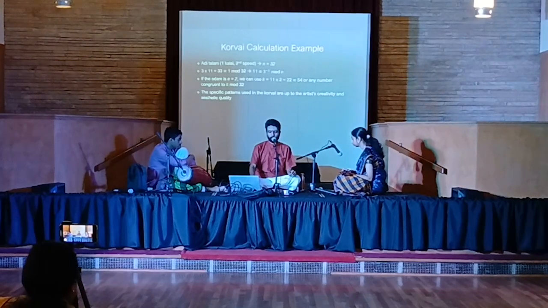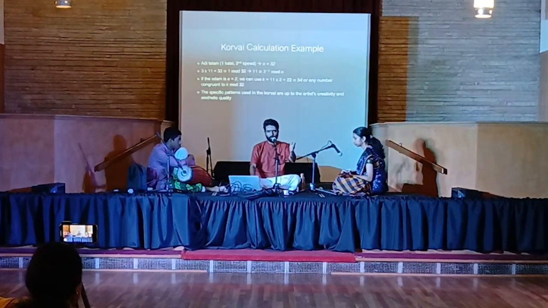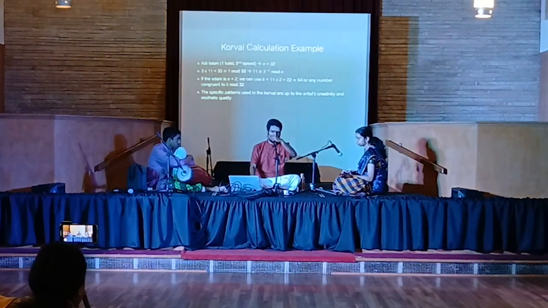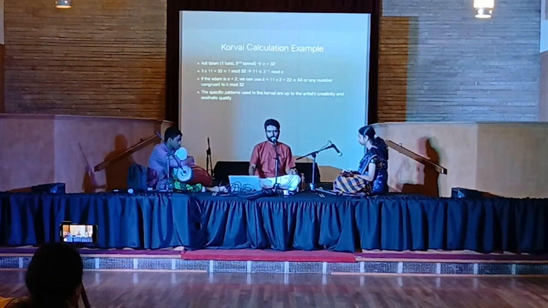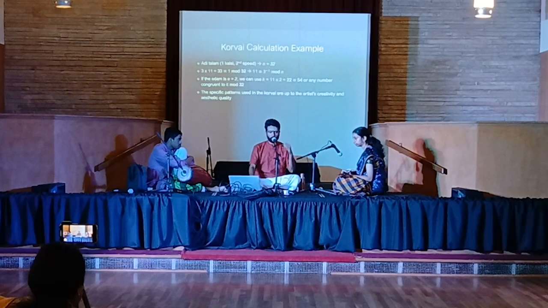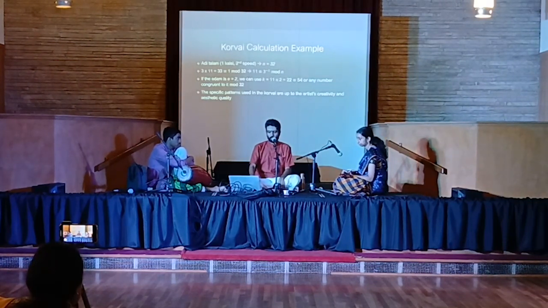So instead, we can just add another 32, because remember, we're working with mod 32. You can keep adding or subtracting multiples of 32, and nothing will change. So 22 is the same as 54, or any other number you get by adding 32s to it. So 54 is a nice number. You can divide this thing by 3.